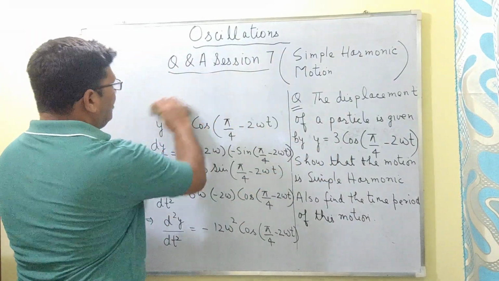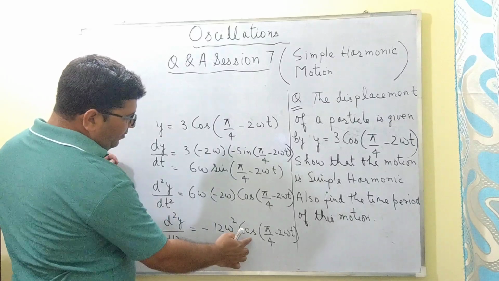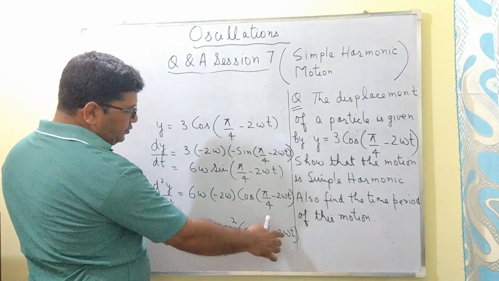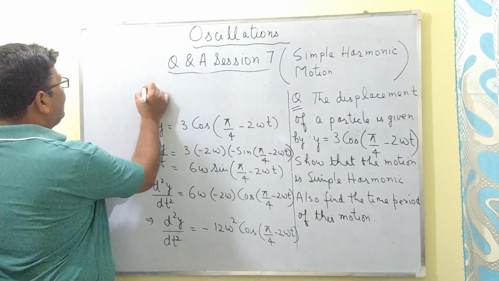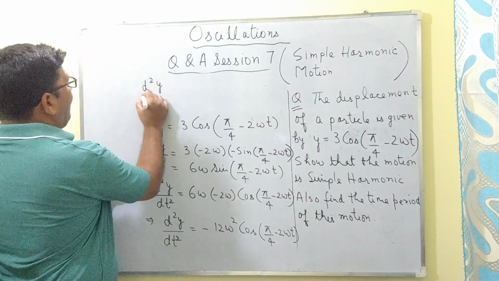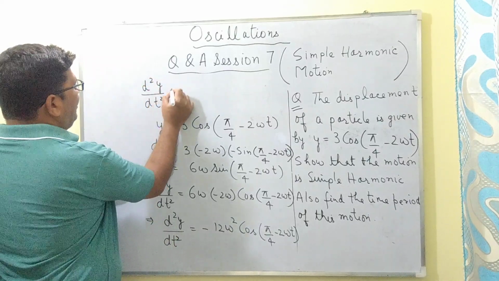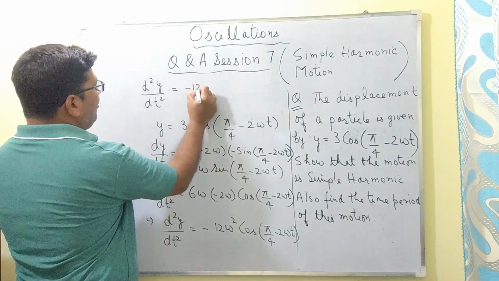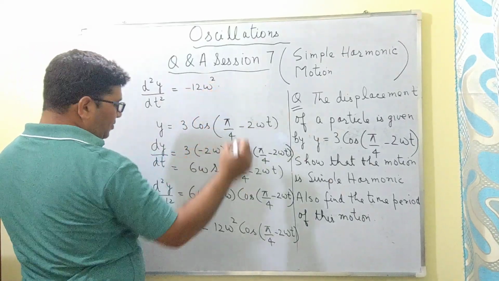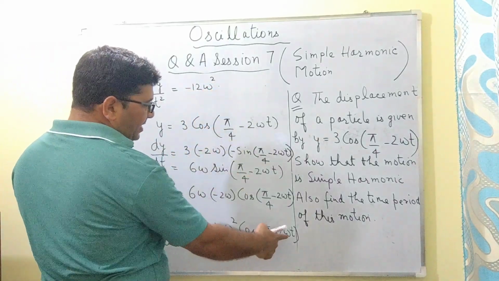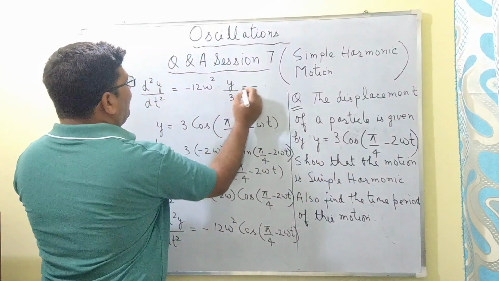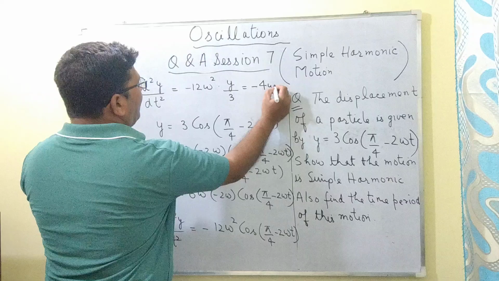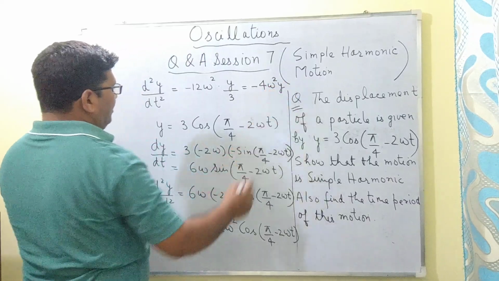So if I substitute the value of cos(pi/4 - 2 omega t) as y upon 3, I will be getting d square y upon dt square equal to minus 12 omega square into y by 3. So this is equal to minus 4 omega square y.